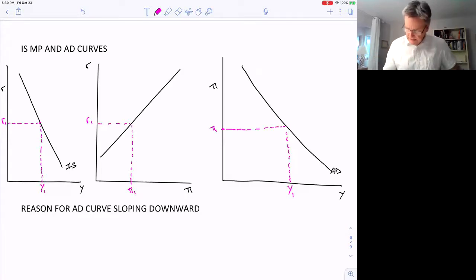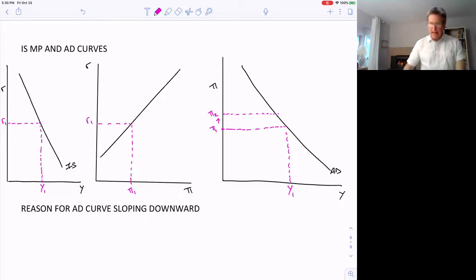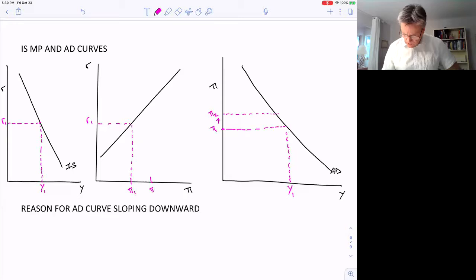So let's say inflation goes up to pi 2, right here. What's going to happen to output? Well, if inflation goes up to pi 2, the Fed is going to start fighting that inflation by raising the real interest rate.